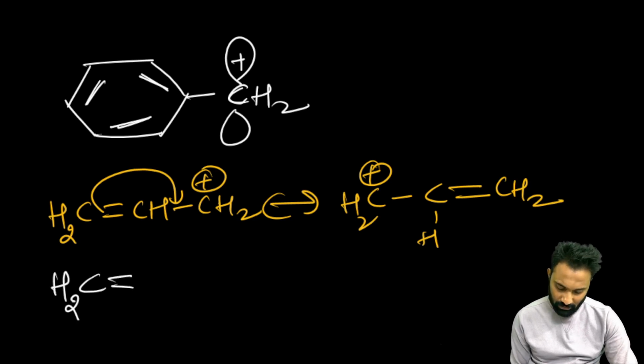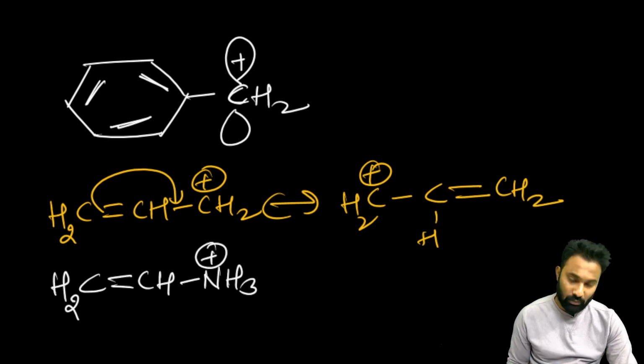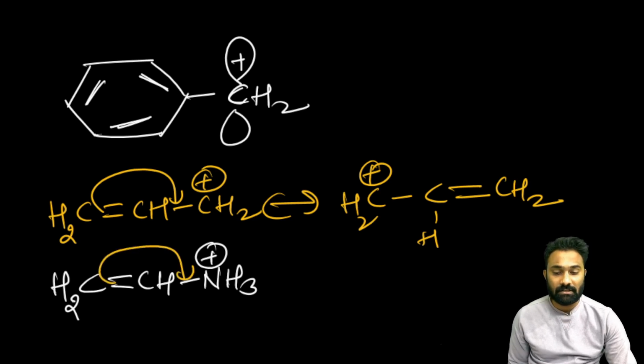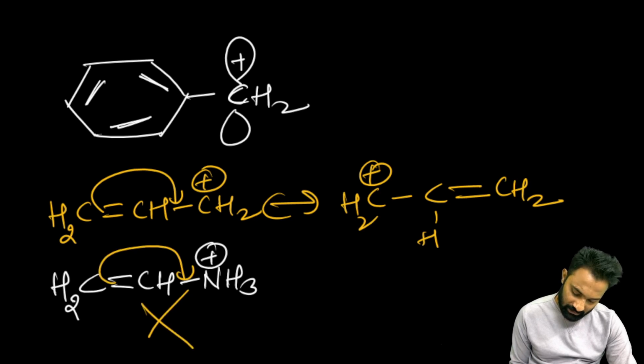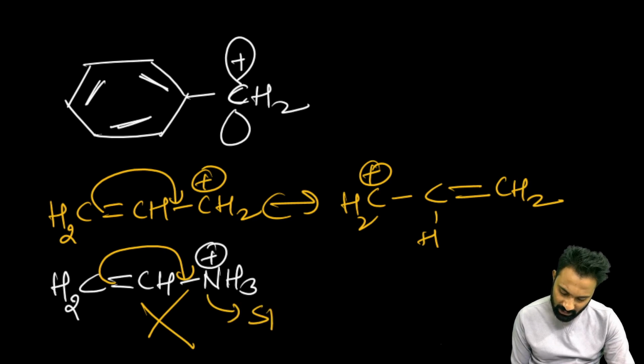Let's suppose they have given CH2 double bond CH and NH3 plus. You may think that this pi electron will move to this NH3 plus, but here the delocalization will not happen. Sir, why? Already I explained, for delocalization to happen all the atoms must be sp2 hybridized, but this atom is sp3 hybridized, right?